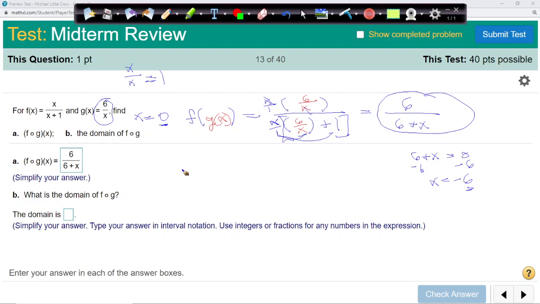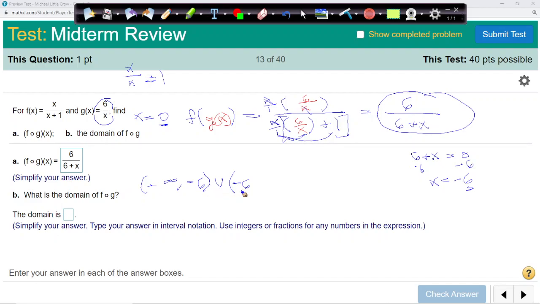So the domain is going to be everything from negative infinity until we get to negative 6, because negative 6 is the smaller of the two. We put a parenthesis which takes the negative 6 out. We put a union symbol, which means we're connecting these, and then negative 6. So this is a way we remove negative 6.